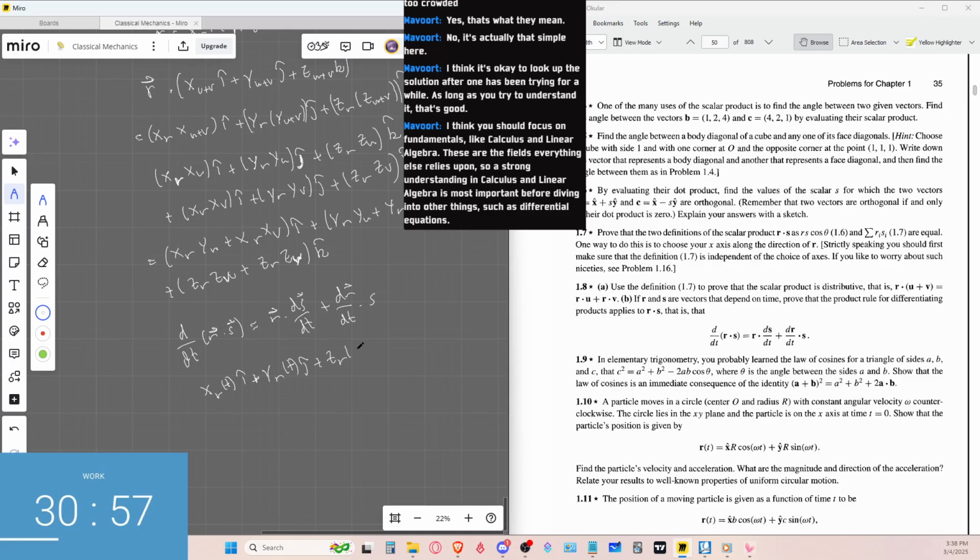Make it look a little bit nicer. So that's r, and then s would be s times t plus y t plus, so like that.